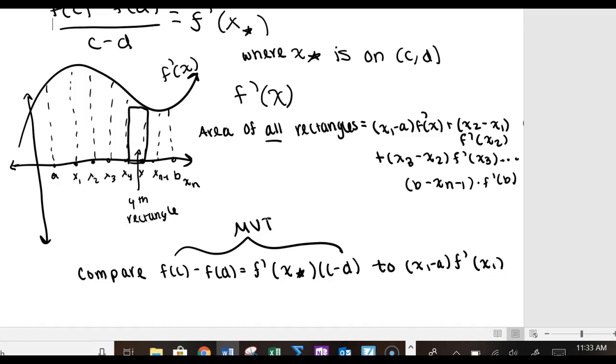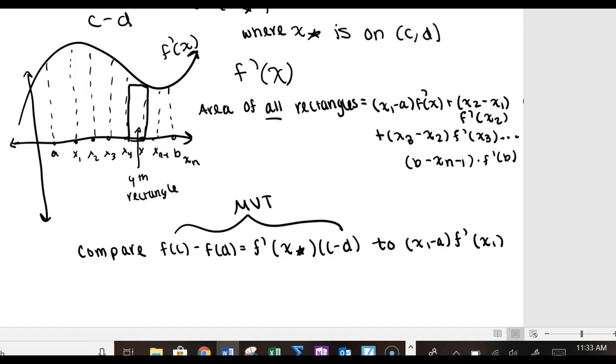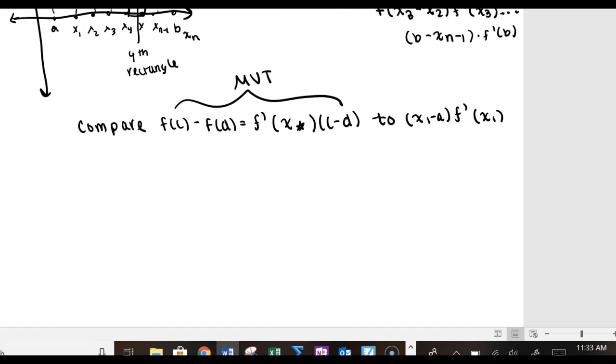One more time. Back here. This x star value, and I purposely used different variables so you wouldn't ask, is c there? No. This x value, according to the mean value theorem, has to be a value between c and d. If you look over here, by definition, x1 is right here. x1 is between a and x1.